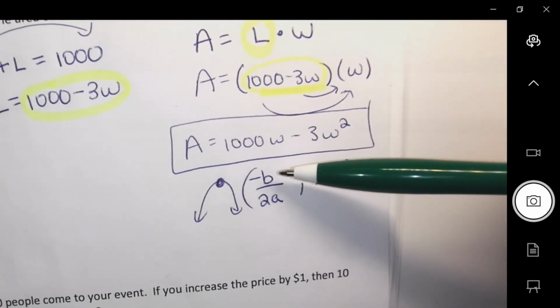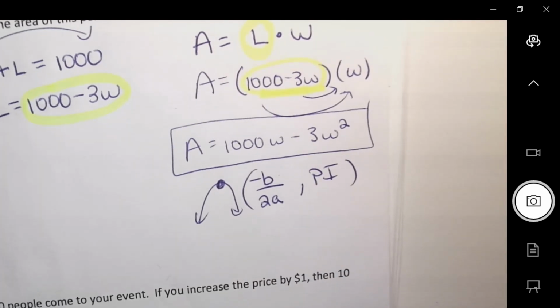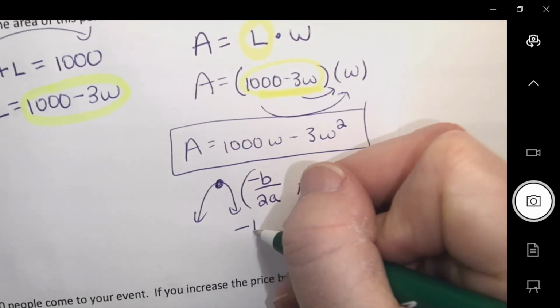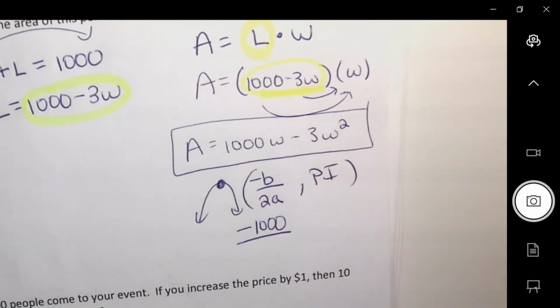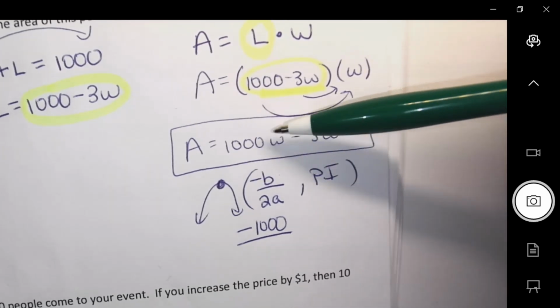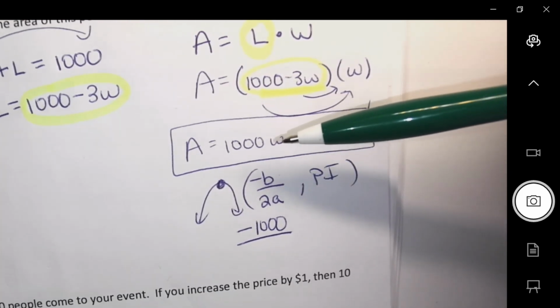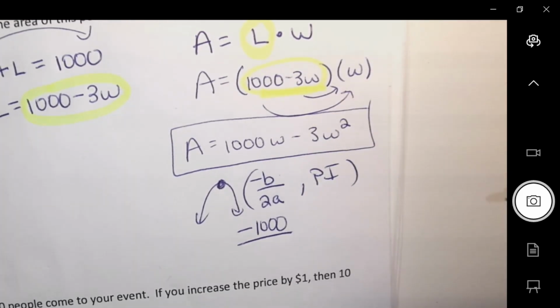Okay, what are you going to replace -b with? -1,000. I don't have these in order. A is not the thing that goes first. A is how many x squareds do you have? B is how many x's do you have?